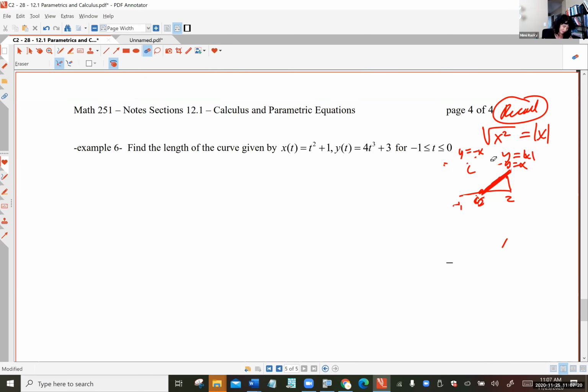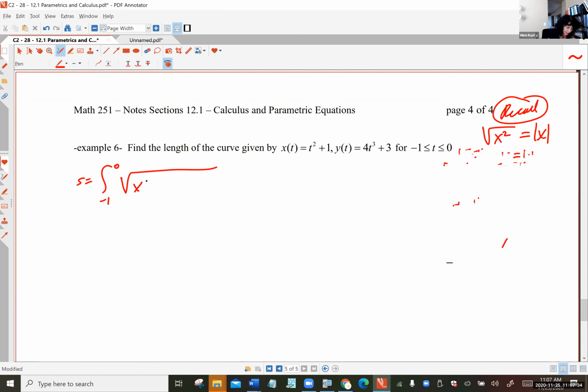Okay, so now go get the length of this curve, and the interval is t going from -1 to 0. So what do we know? The arc length is the integral from -1 to 0 of the square root of x prime of t squared plus y prime of t squared. What is x prime of t?